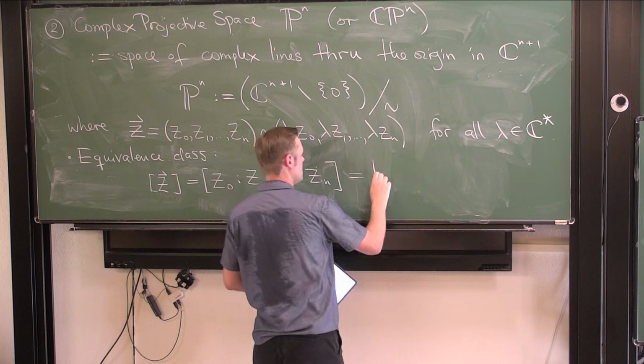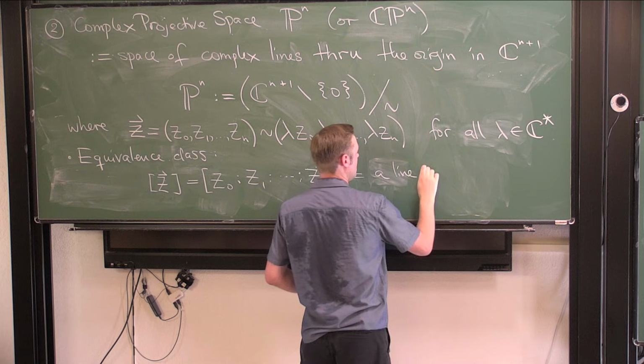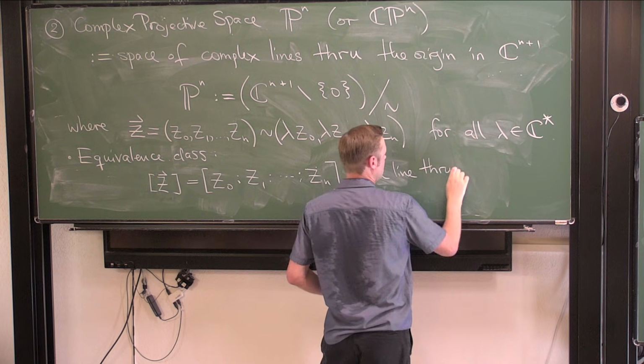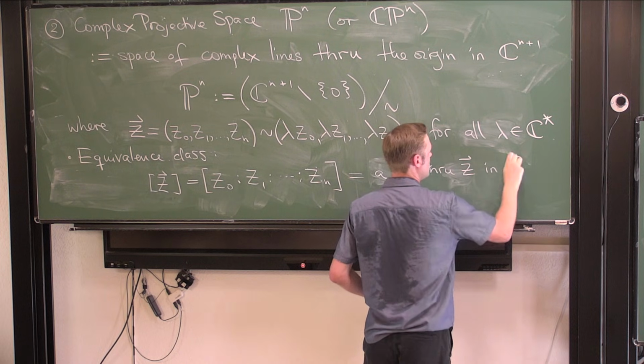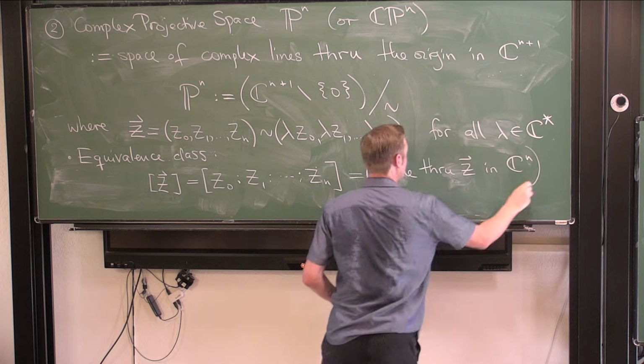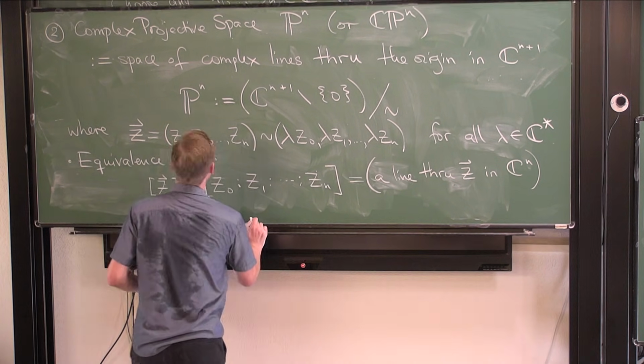You could say this is a line through z hat in C^(n+1). So I don't know if an image would help.